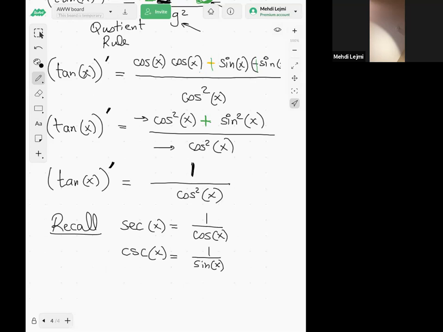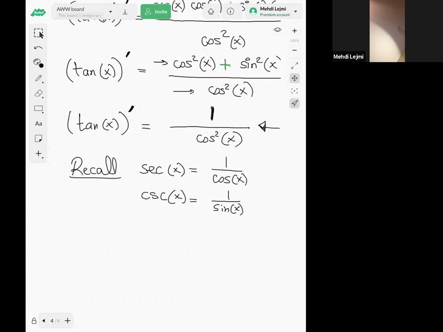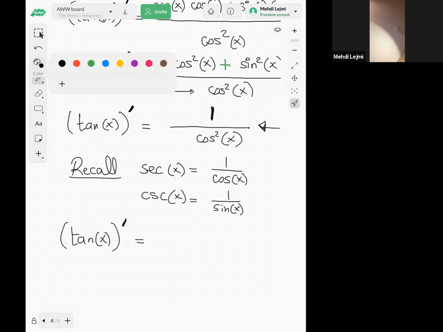But anyway, because the derivative of tan is 1 over cosine square, that's exactly secant square of x, right? So the derivative of tangent of x: if you have a secant squared, then there's a square here and a square here, and of course 1 squared is just 1.